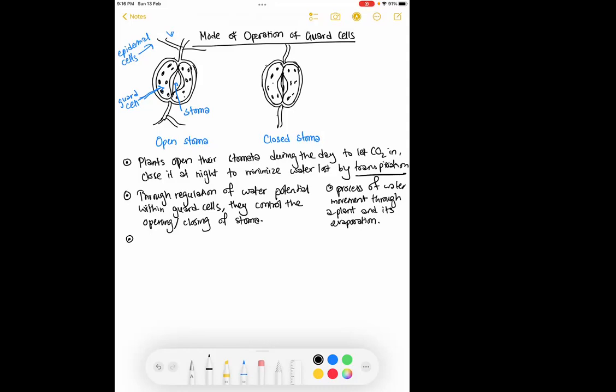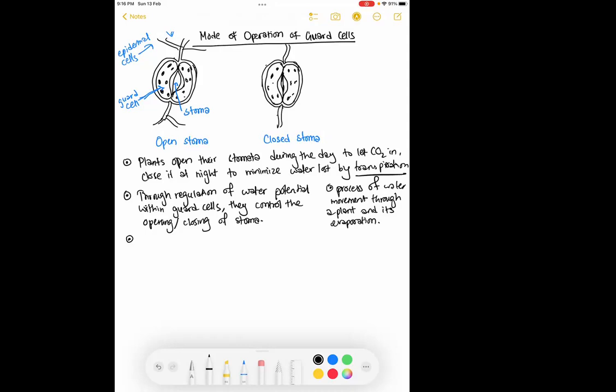So how do they regulate their own water potential? They regulate by taking in potassium ions into their cells, okay? So if there are more potassium ions in the guard cells, it means that the water potential of the cell is low, right?